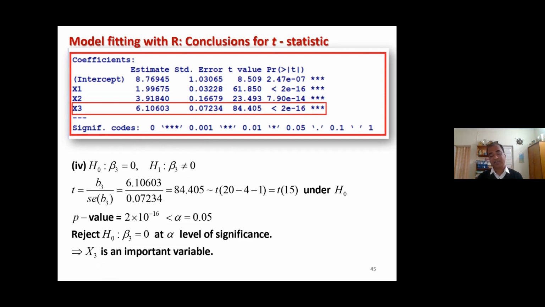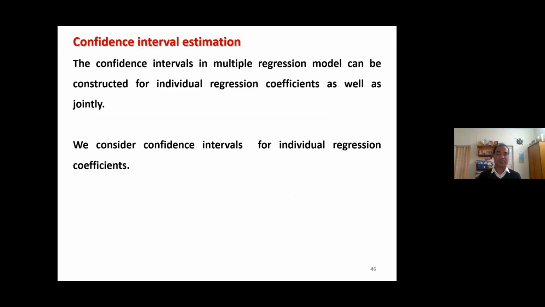So once again, I can say that the hypothesis is rejected, and so x3 is an important variable. Now you can see you conducted your experiment with these three independent variables, and you can conclude that all the three variables are important variables. So now you expect that your model is going to be good.